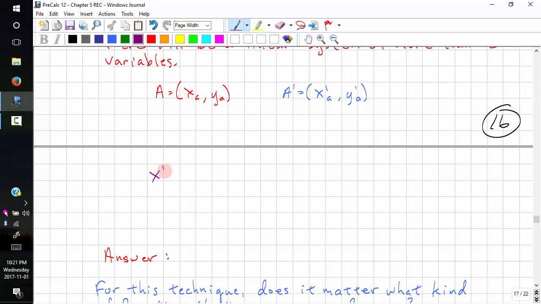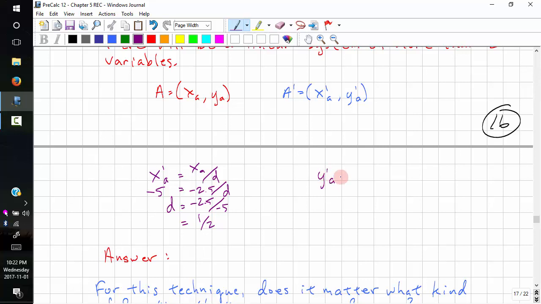So X prime A = XA over D. Now we just substitute. -5 = -2.5 divided by D. D is in the denominator, so we move it into the numerator on the other side. -5 is on this side, so we cross multiply and put it in the denominator on the other side. -2.5 divided by -5, and we have D is equal to 1/2.